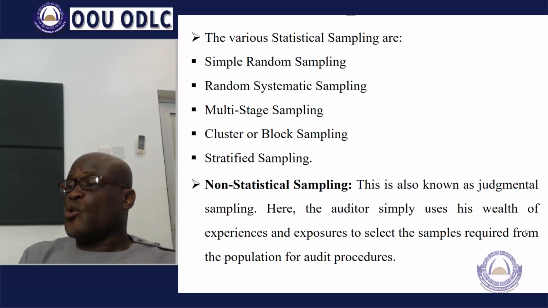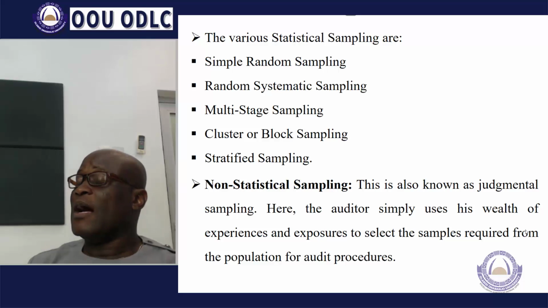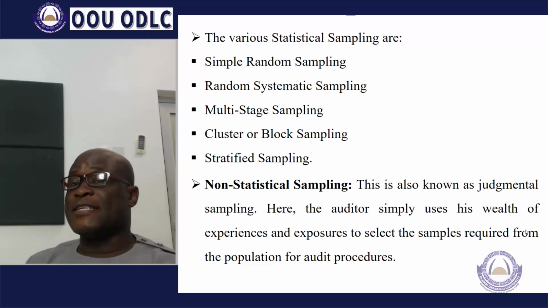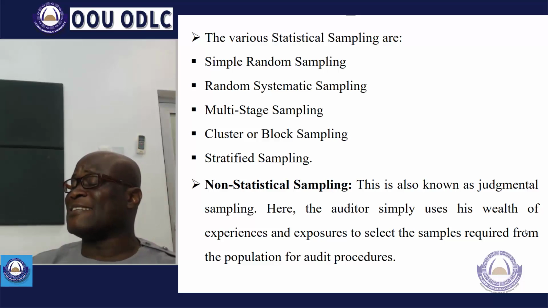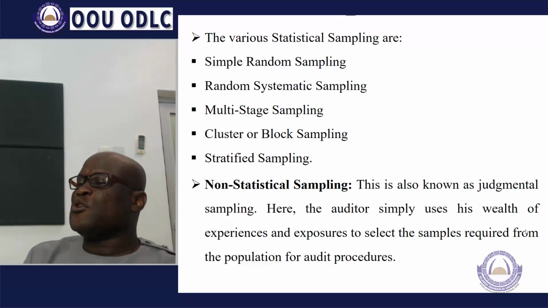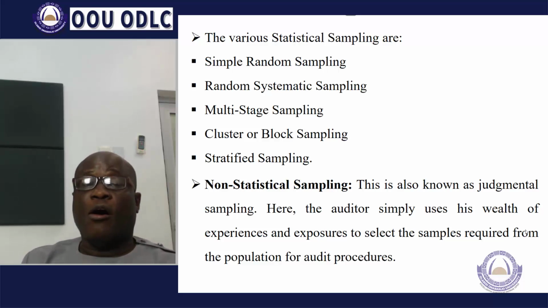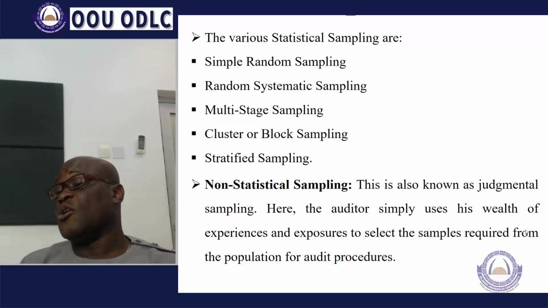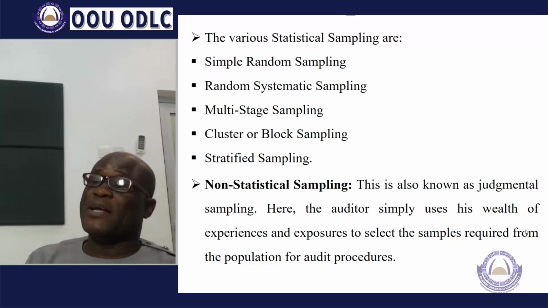It also leads to a uniform standard among different audit firms. That's another very, very good advantage. Again, audit risk under here is minimized at minimum. Again, aside from that, it can be used by junior staff who may be unable to apply the judgment required by judgmental sampling or the non-statistical sampling, which is basically the application of judgment in selecting.